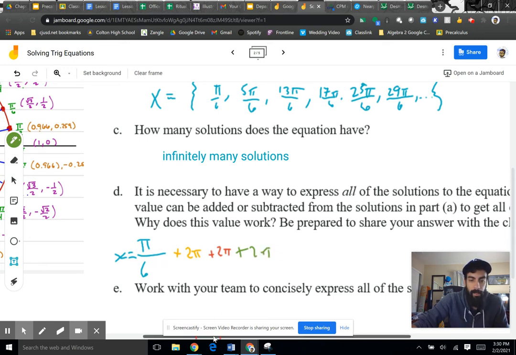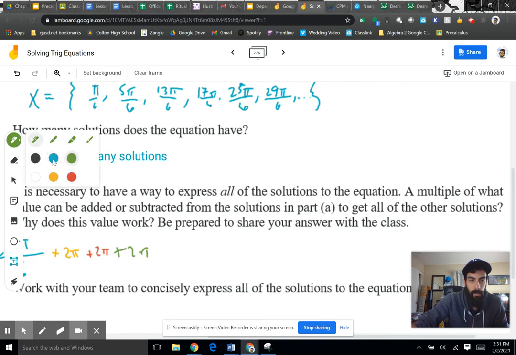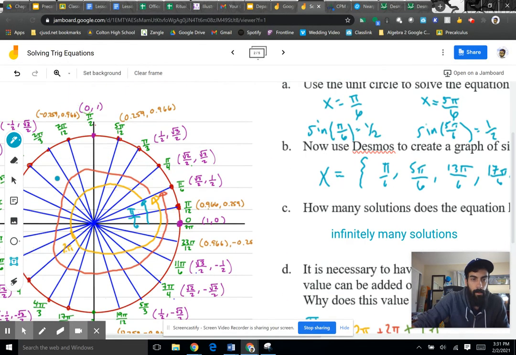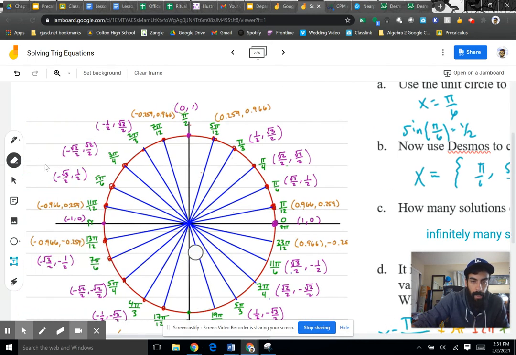And the same logic applies to our other solution, x equals 5 pi over 6. I'll show one graphically on the unit circle. Here's what we have here real quick. All right, so if we had the angle of 5 pi over 6, that's what we started with, it takes us directly to here.